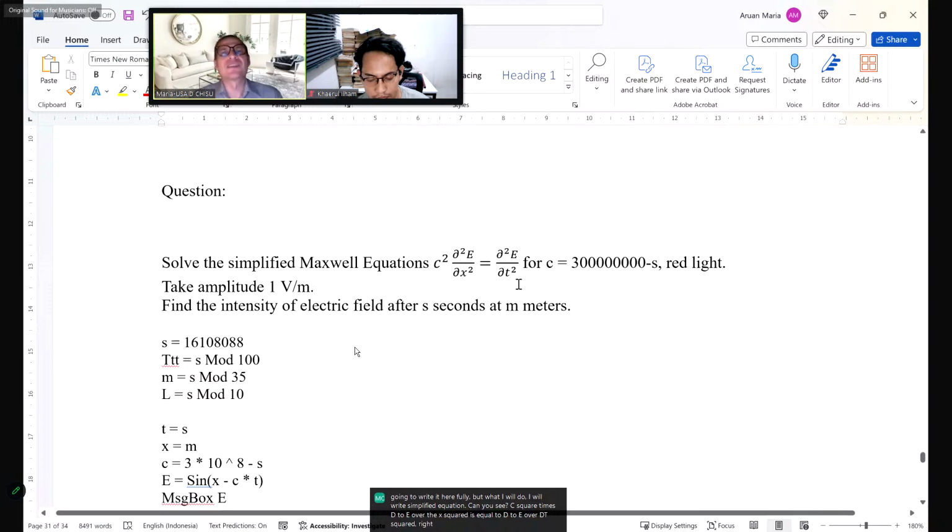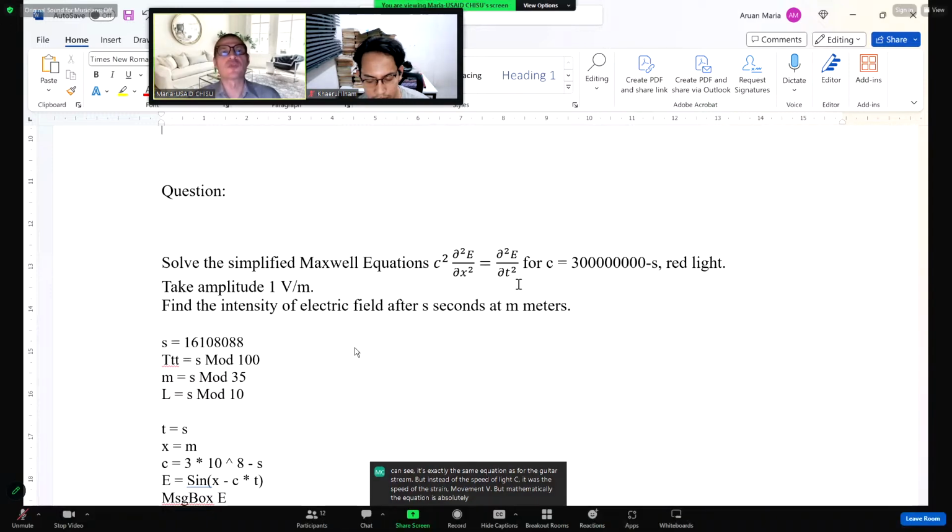As you can see, it's exactly the same equation as for the guitar string. But instead of the speed of light c, it was the speed of the string movement v. But mathematically, the equation is absolutely the same, and the solution is absolutely the same.